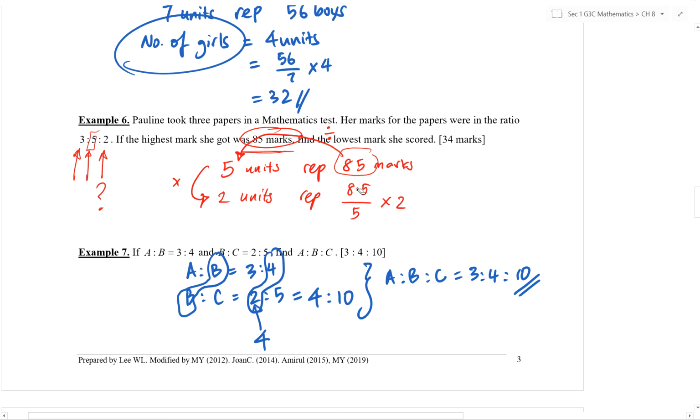Oh, sorry, 85 marks. There's a dot on my screen. Okay, 85 over 5 times 2. And then the answer will be 34 marks. Okay? There should be other approaches that you guys have, but you should still arrive at the same answer.